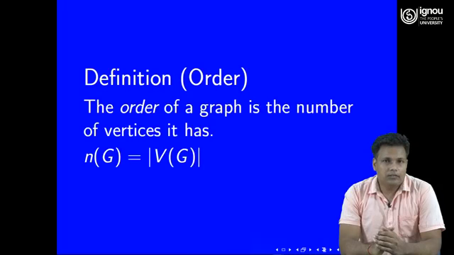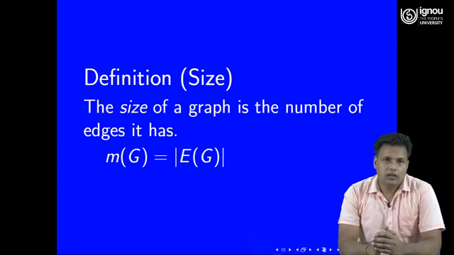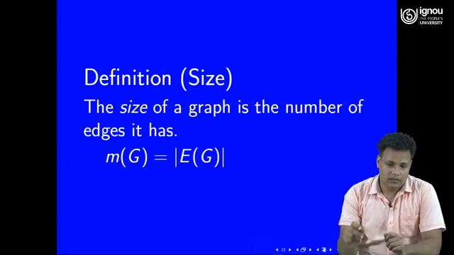The order of a graph is nothing but the number of vertices in it, and we shall denote it by the notation n(G), which is just the cardinality of its vertex set. Similarly, a graph also has a size, which is the number of edges it has, and we shall use the notation m(G) to denote the size of a graph G.